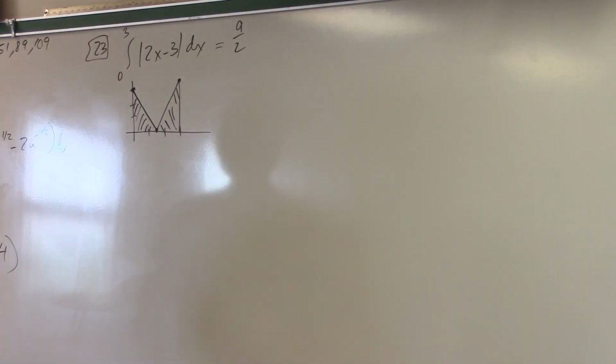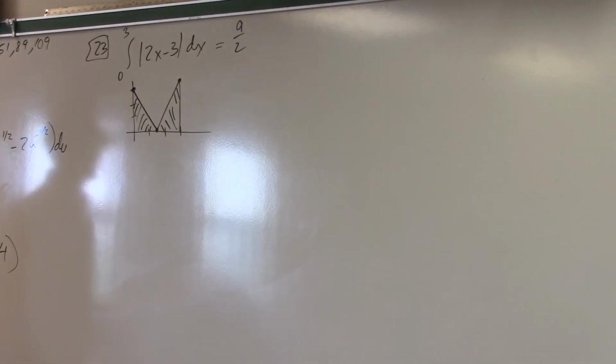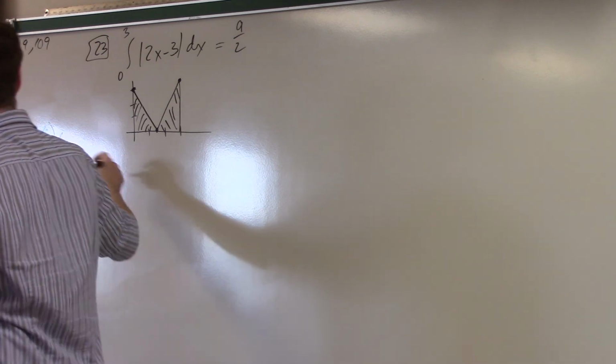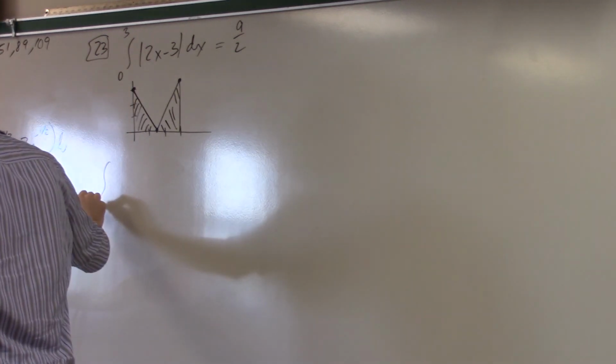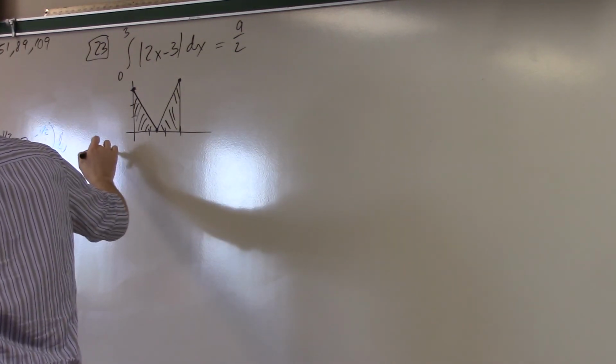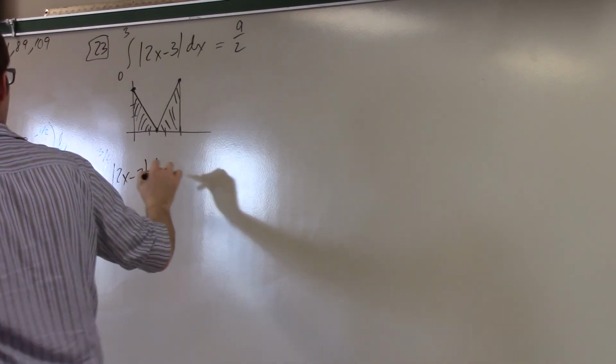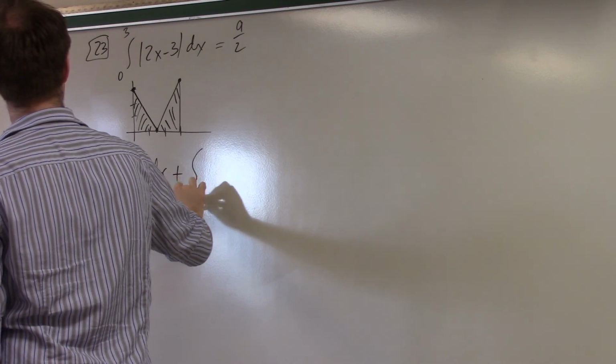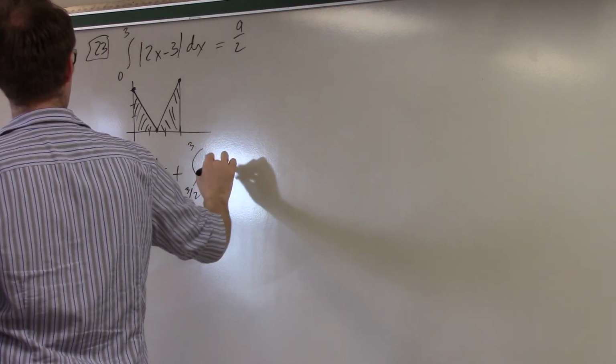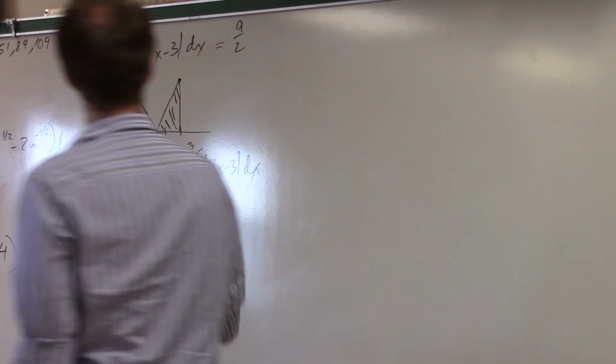But Rohan said we could also do it another way. Rohan, how do we handle absolute values in calculus? By splitting it up and getting rid of them. So can I just write this as the integral from 0 to 3 halves of the absolute value of 2x minus 3 dx, plus the integral from 3 halves to 3 of the absolute value of 2x minus 3 dx?